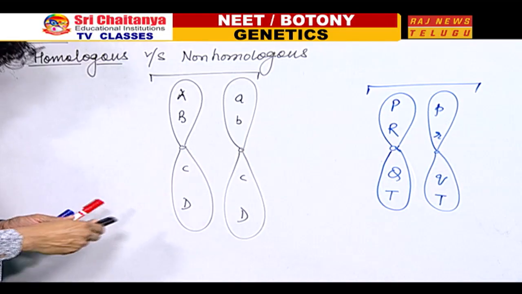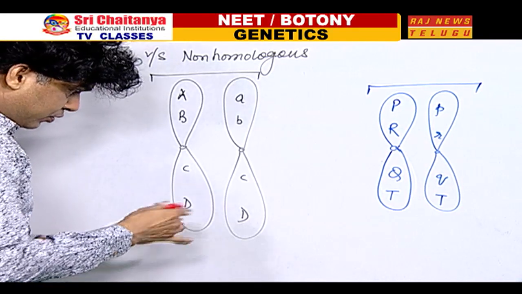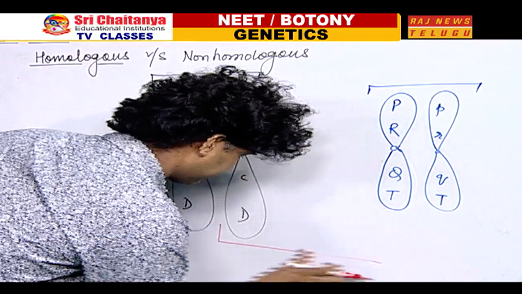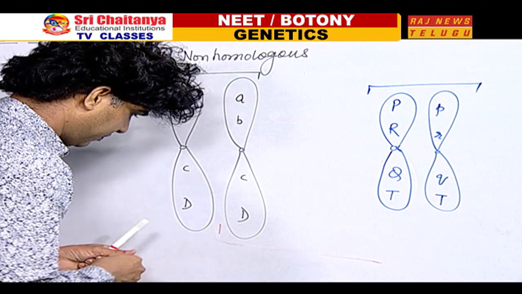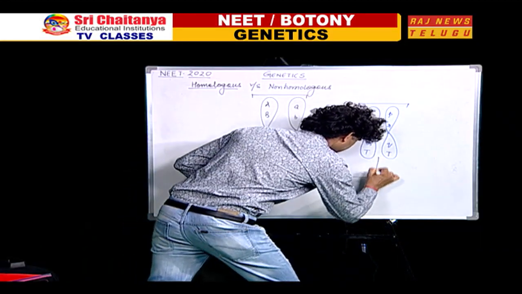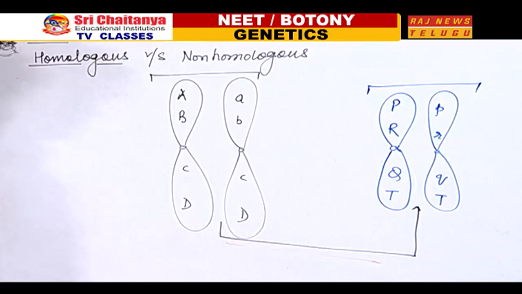Now you are watching that genes are present. Now look at this set of chromosomes. They are not the same in size, not the same in shape, and their locus of genes is also different.